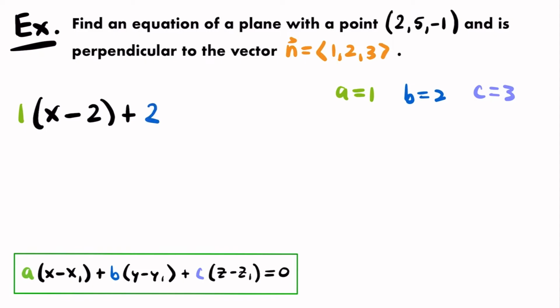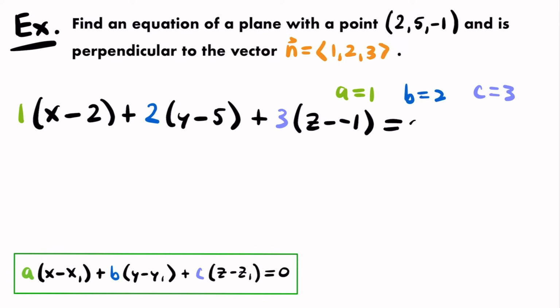So we will have 2 times (y minus y1), which is the y coordinate of our point, and that's 5. So we will subtract 5, and then we will add that to c, which is 3. So we will have 3 times (z minus z1), which is the z coordinate from our point, and that's -1. So we are subtracting -1. And then that's equal to 0.